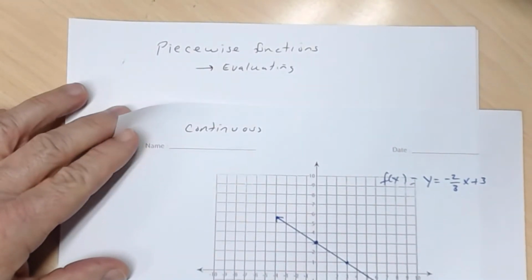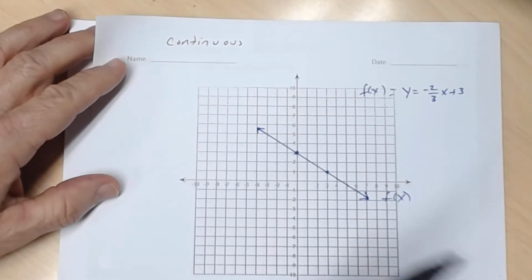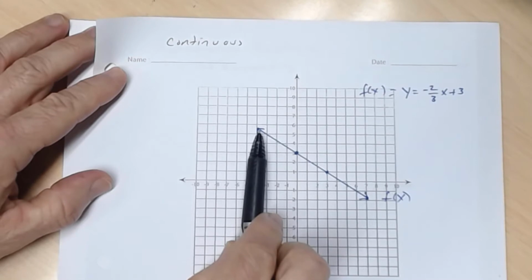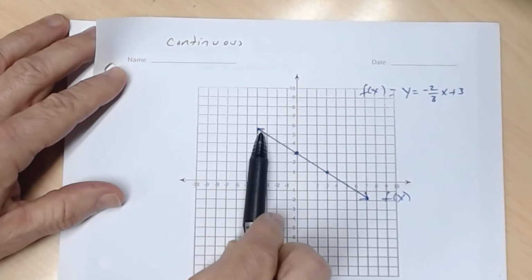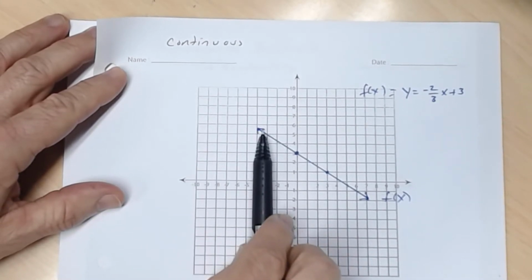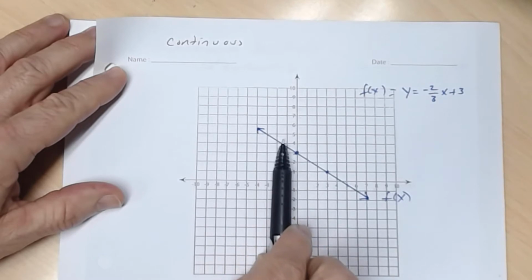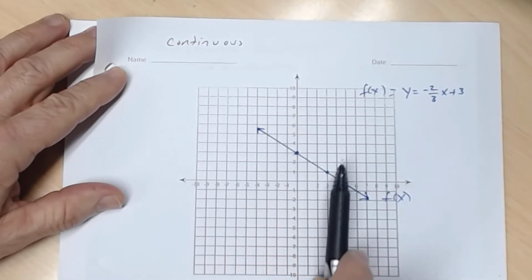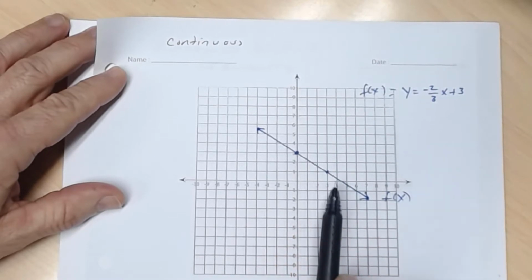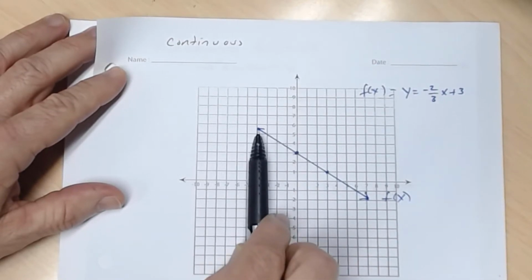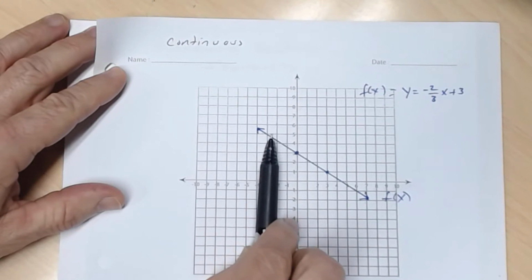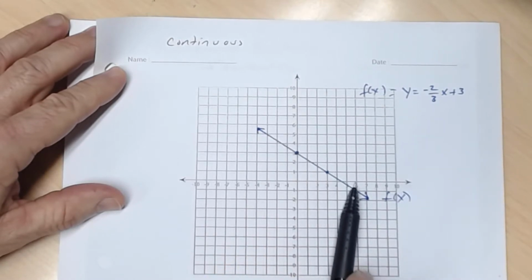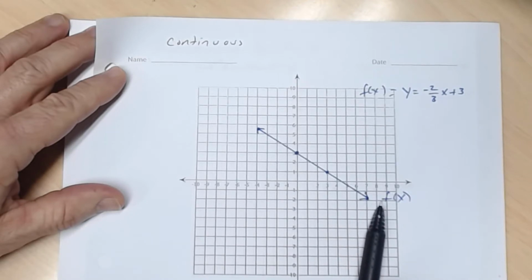That means this: as you go from left to right, and think of your pencil point, at no point are you removing your pencil point from this graph. In other words, you're continuously on the graph.